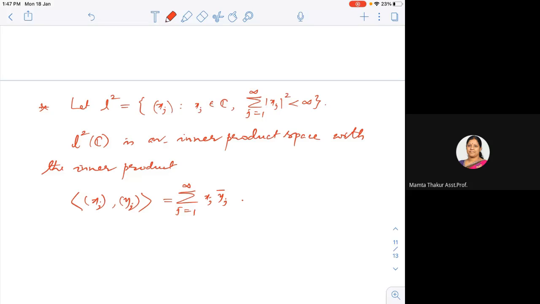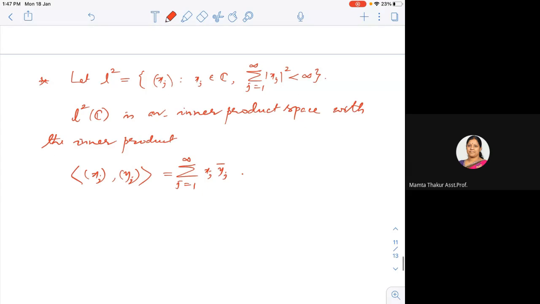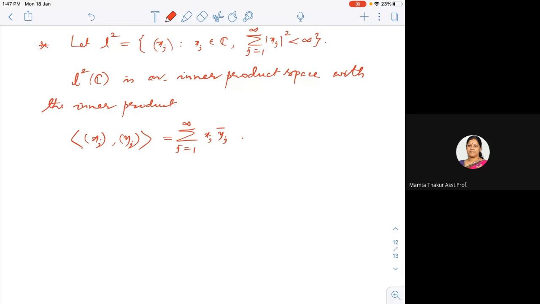With this inner product, it is going to become, in fact, an inner product space. Not only that, this is going to lead to a complete inner product space, which is going to become a Hilbert space. In fact, this L square over C is a Hilbert space.